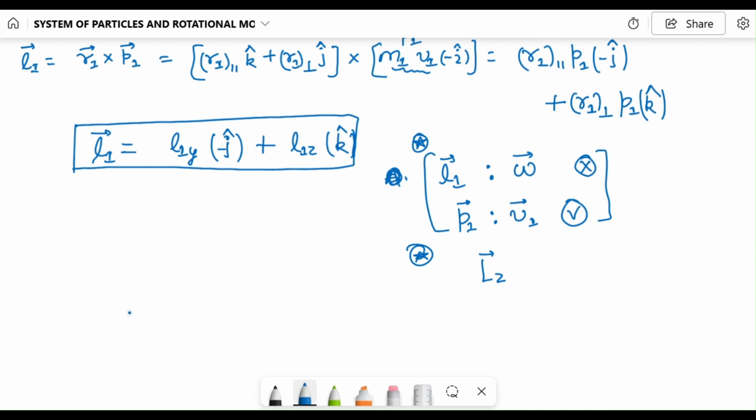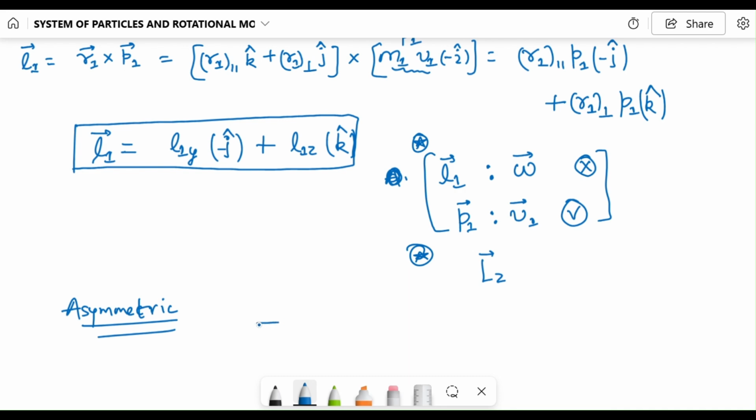But we are talking here about the general case. In general, the body may not be symmetric. It may be asymmetric about the z-axis. In that case, asymmetric, we will have two components here.